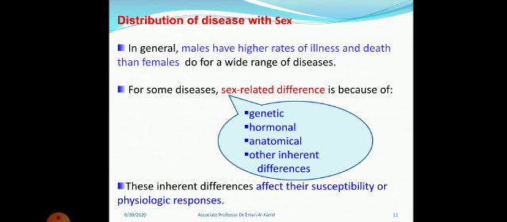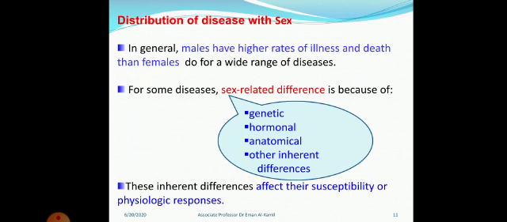For some diseases, sex related differences are because of genetic factors. There are certain diseases which are genetically determined and occur in females rather than males according to the genetic factor. For example, G6PD deficiency, which is an enzyme deficiency.